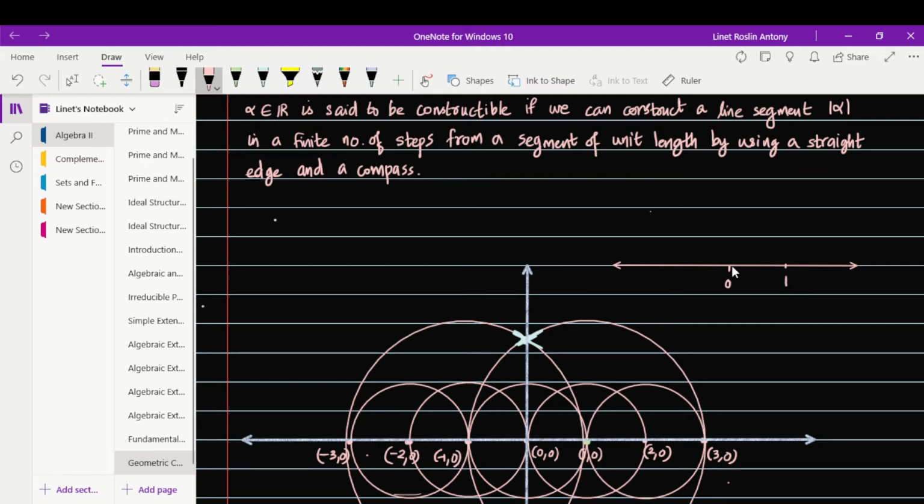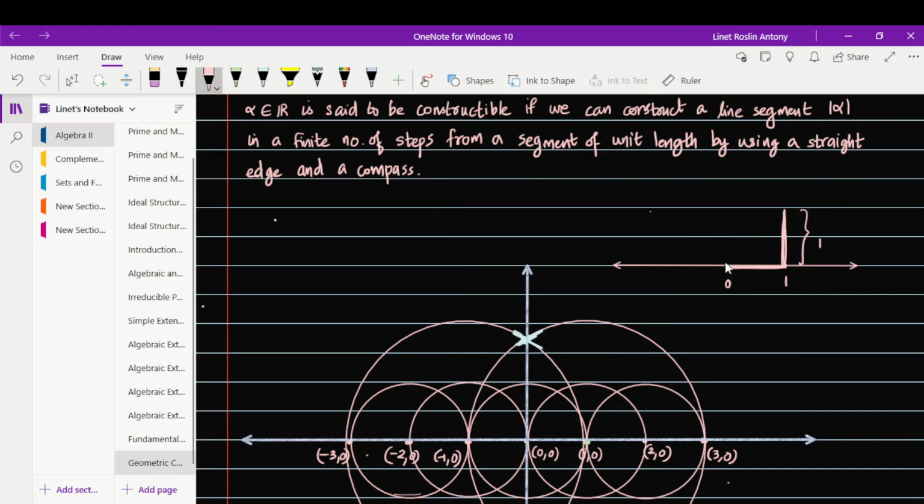Okay, so you have this to be of unit length, right? And suppose you are able to draw a unit length here perpendicular. Okay, so this is 1.